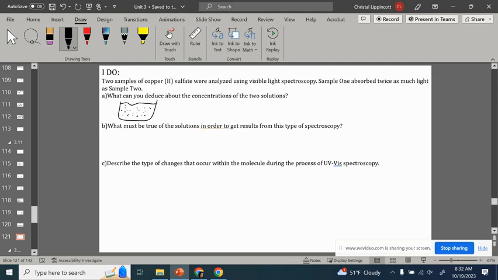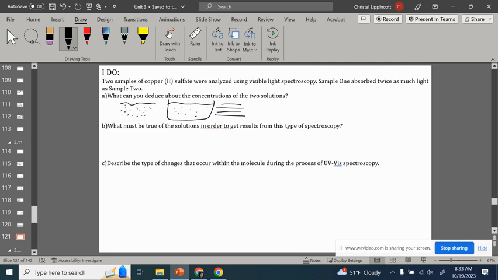If you've got something that is twice as, I should make those amounts the same. So this is twice as concentrated as this. When I shine light through this one, so I'm shining light through here, some of it is going to get absorbed by those particles, and then some of it's going to come through.